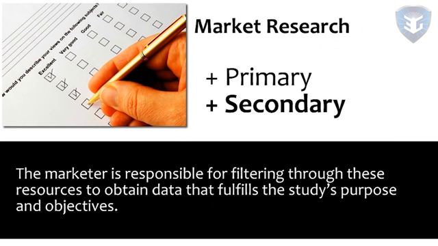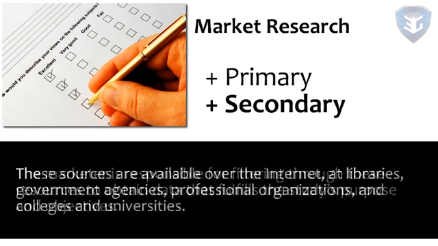Secondary research resources are plentiful. The marketer is responsible for filtering these resources to obtain data that fulfills the study's purpose and objectives. These sources are available over the internet, at libraries, government agencies, professional organizations, and colleges and universities.